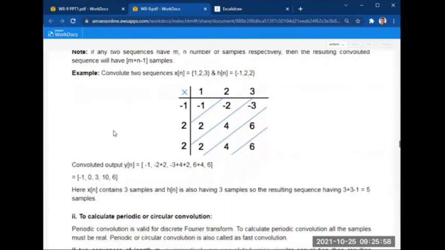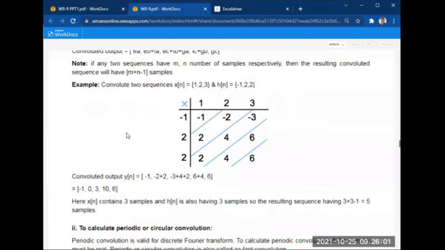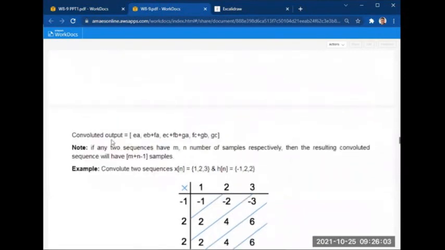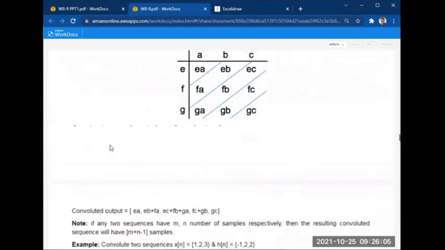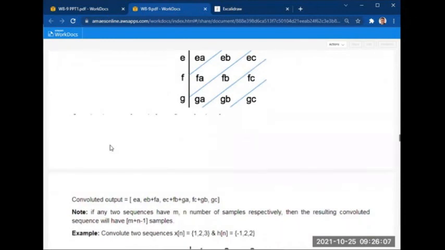I have another example here, this time with numbers, so you can see how the solution works better. But we have a note here: if any two sequences have m and n number of samples respectively, then the resulting convoluted sequence will have m plus n minus 1 samples.